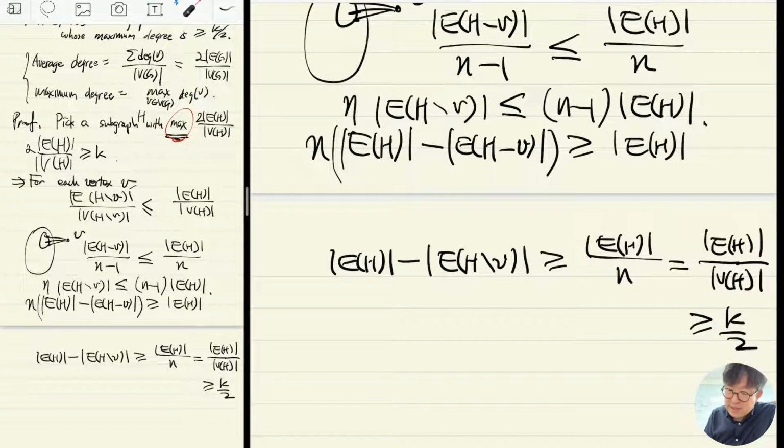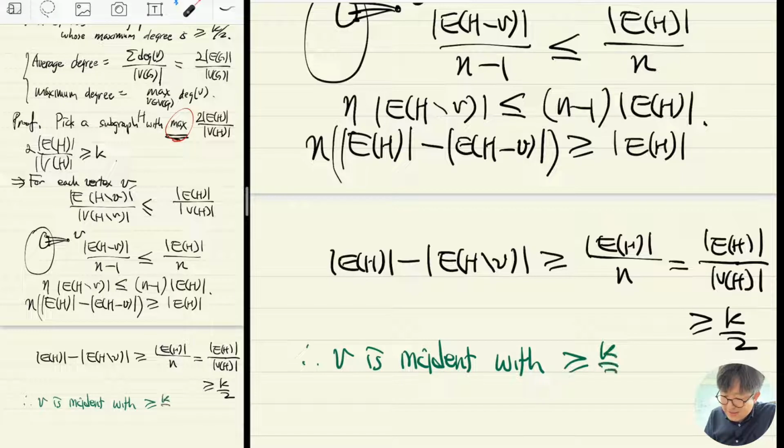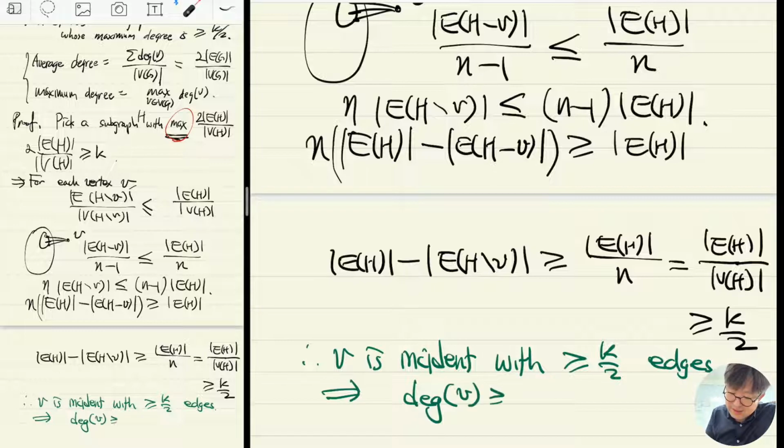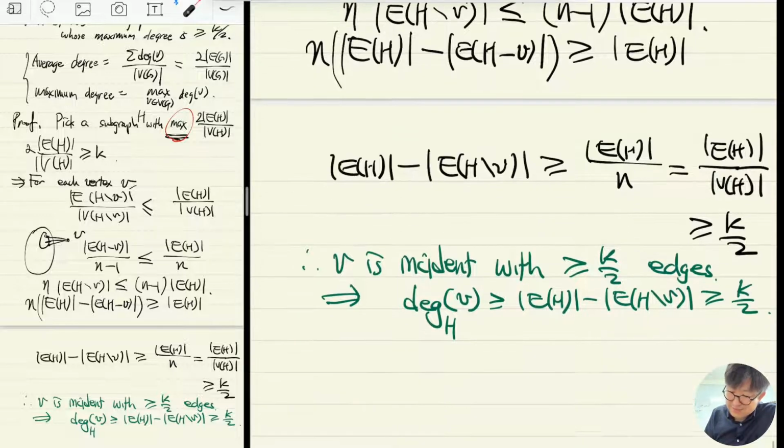So that means v is incident with at least k over 2 edges. Loops are counted twice, but I didn't say that yet. So the degree of v in H is at least this number. It's not equal because you may have loops, but this is at least k over 2. Okay, so that's the proof.